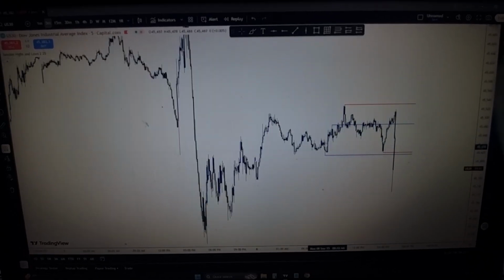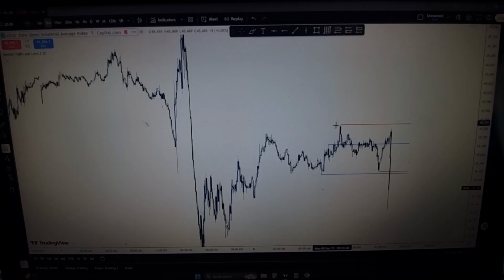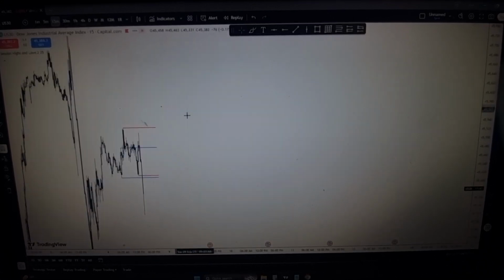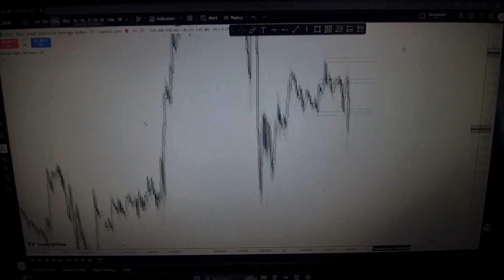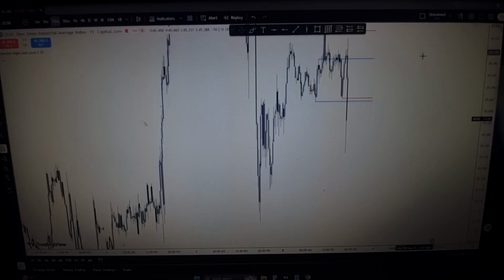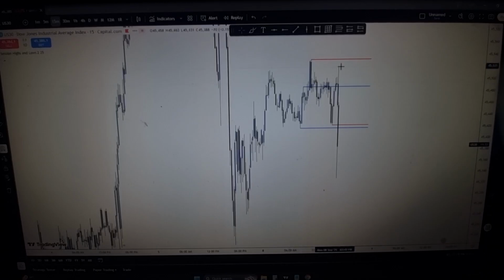There's not much to target to the upside. Maybe this is pre-market sweep, but on the 15 we didn't.